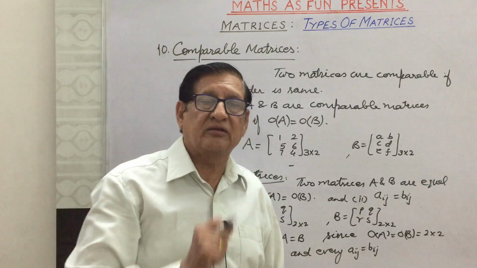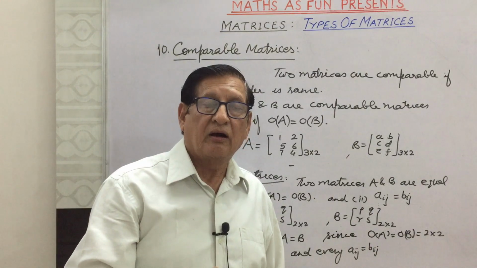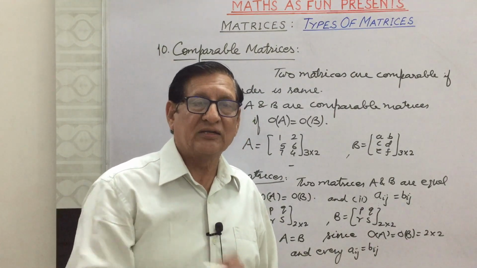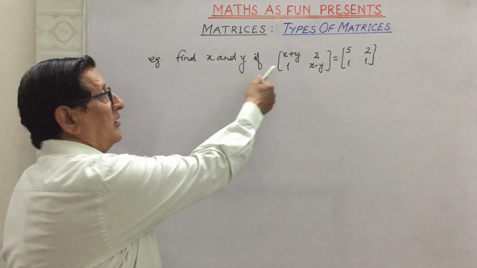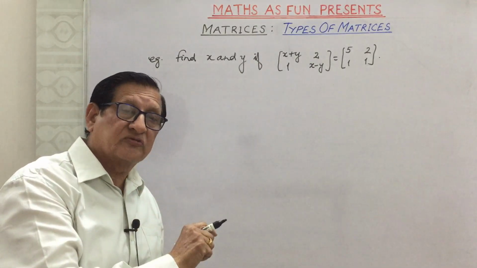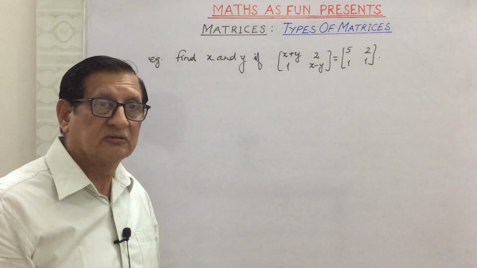Based on equal matrices, sometimes we have different types of problems to find the unknown elements. What type of problems are coming? Let's see that. The example is: find x and y if these two matrices are equal. To find the solution of such a problem, we have to use the concept of equal matrices.